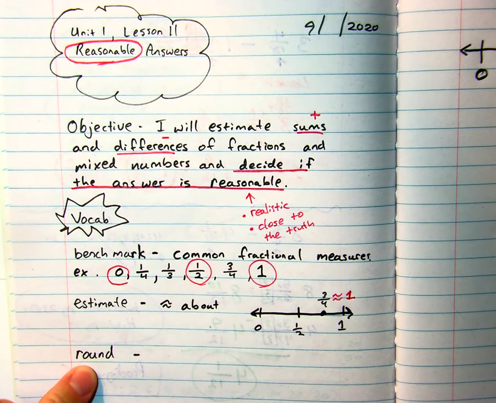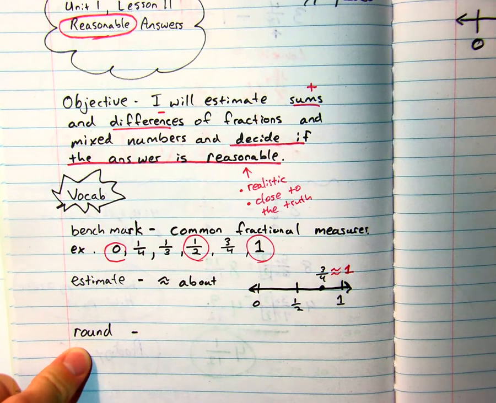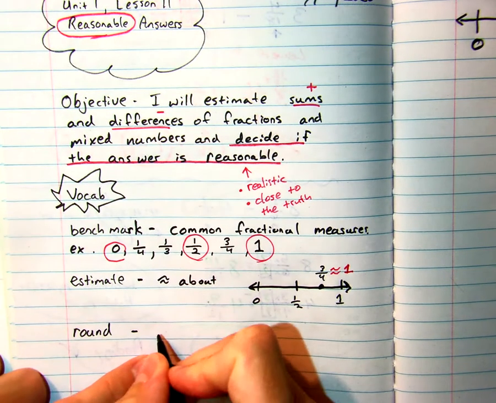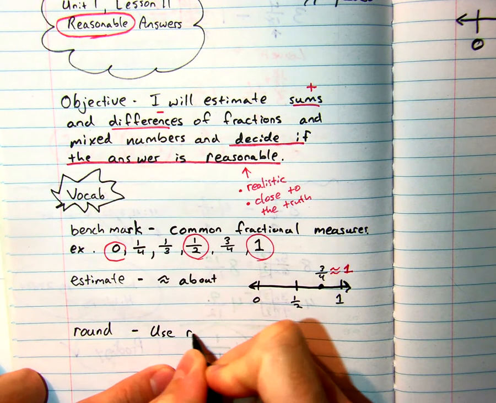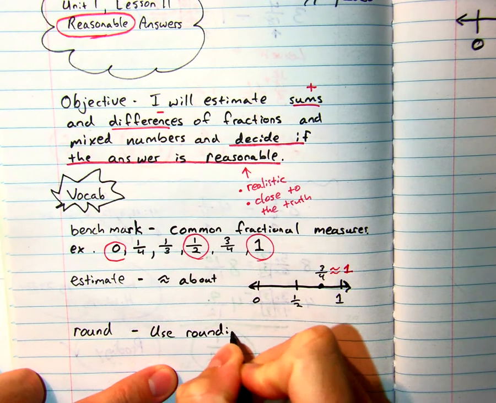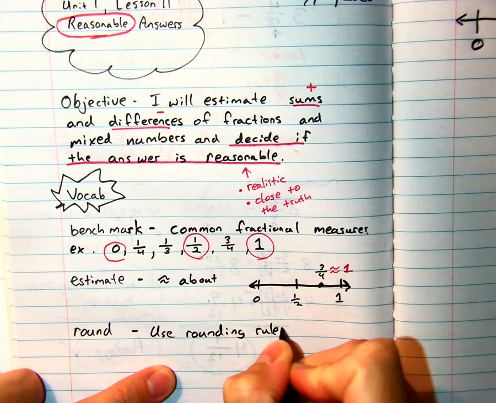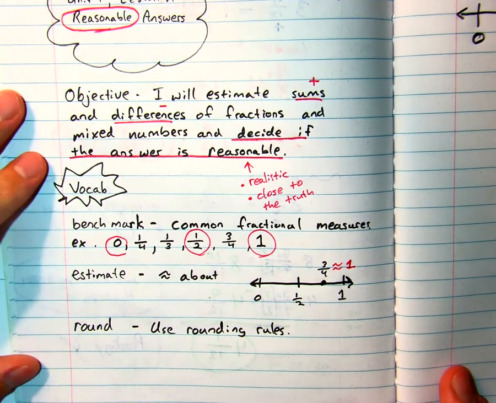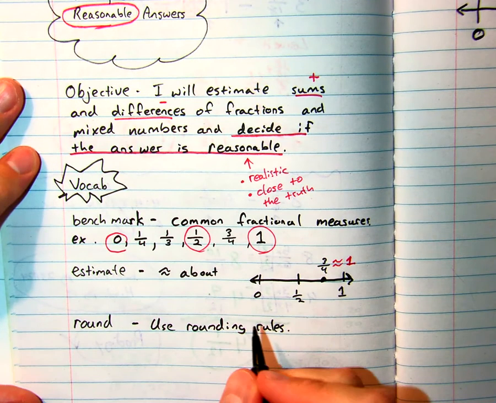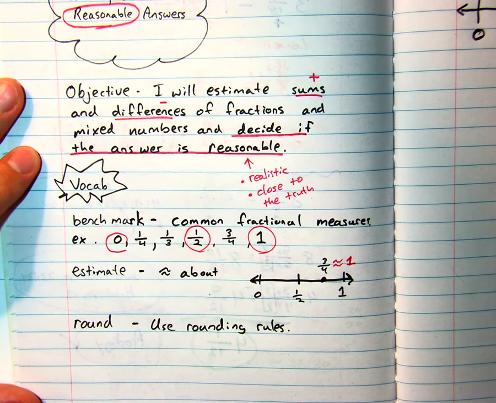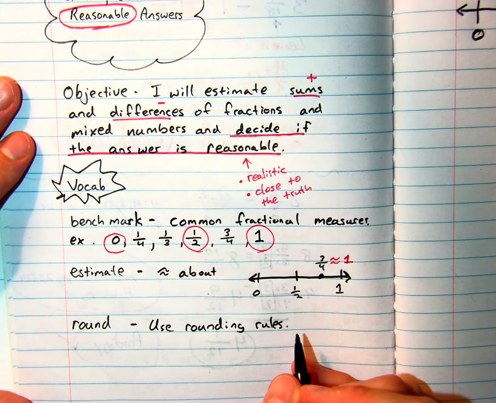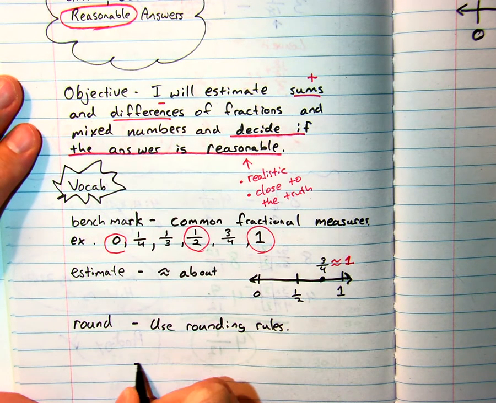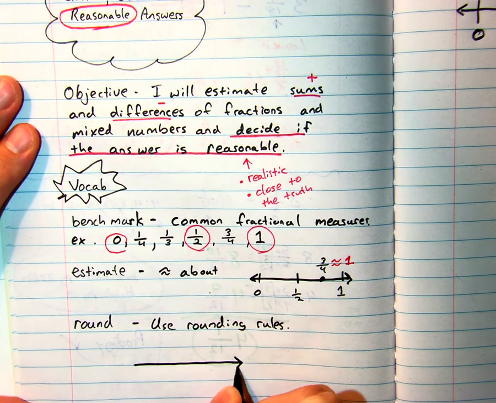Now, rounding's a wee bit different. Rounding has rules. So we need to use rounding rules. For those of you that have had some of our great teachers at Monterey Highlands, you might have heard: 5 or more up the score, 4 or less, let it rest. When we're talking about fractions, we want to go to the halfway point.